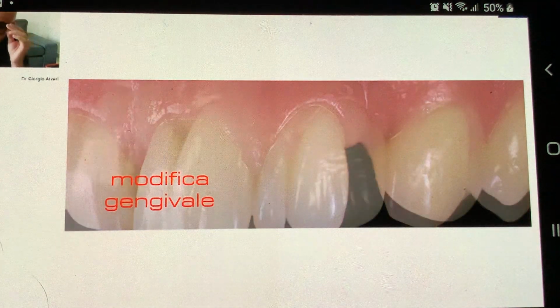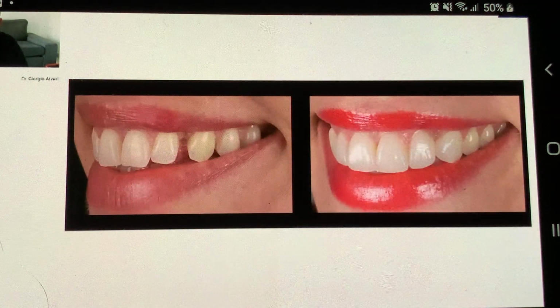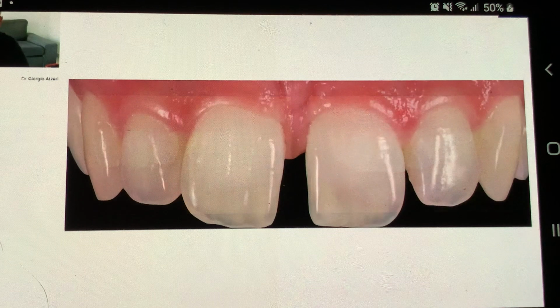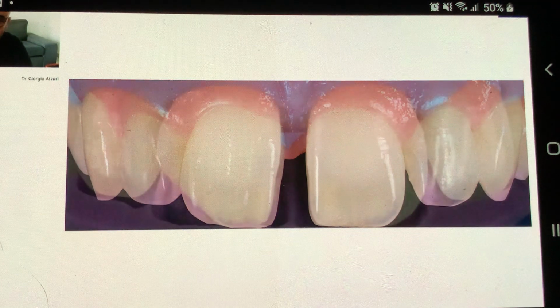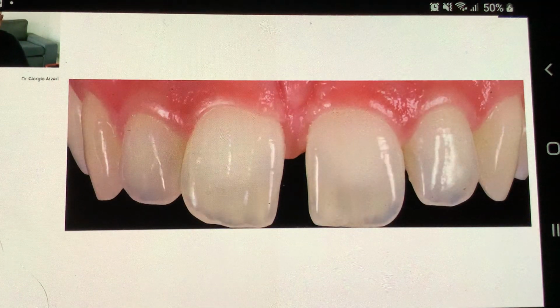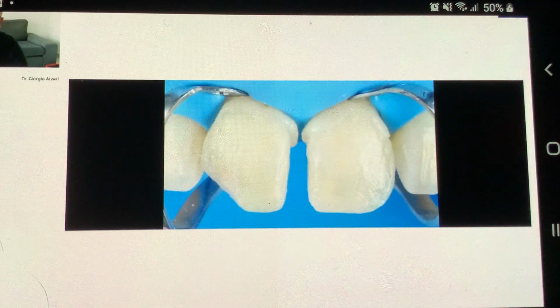So we change the architecture of the gums. Now we have a positive closing, a positive architecture, and a complete closing. This can be done with ceramic veneers, but also with composite veneers, where I try to transform this part of soft tissues by pushing it into a papilla.